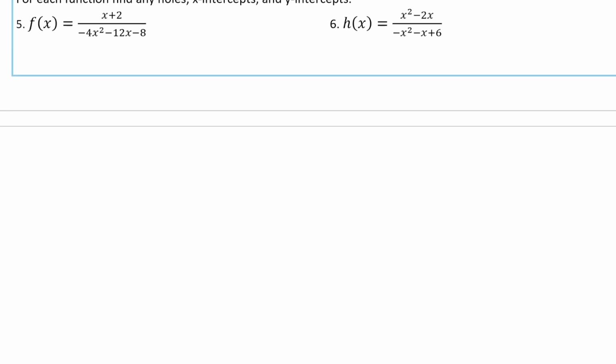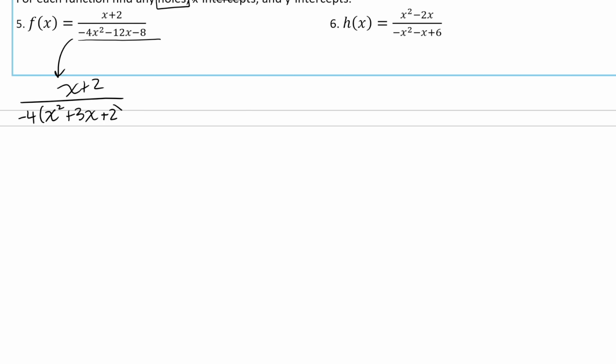Here we have some new functions. Let's go ahead and focus on holes. Okay, we're going to factor. So let's go ahead and factor this. I have x plus 2 in the top, nothing to factor. In the denominator, we can factor out a negative 4. We're left with x squared plus 3x minus 2.